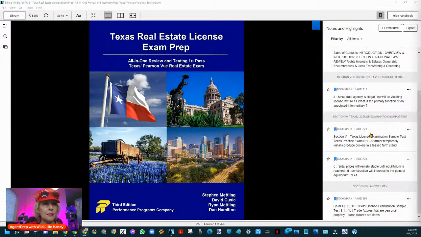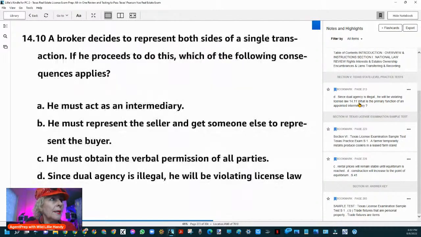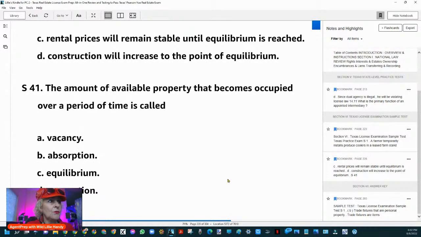I forget how many questions are in the test, but it is a sample practice exam. So we are continuing with question 41 today.